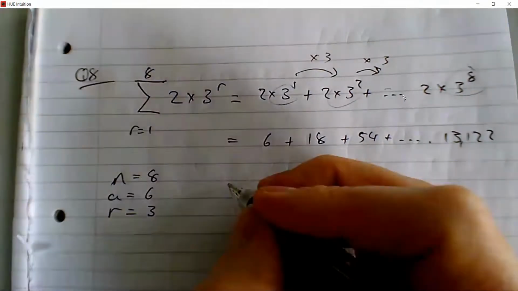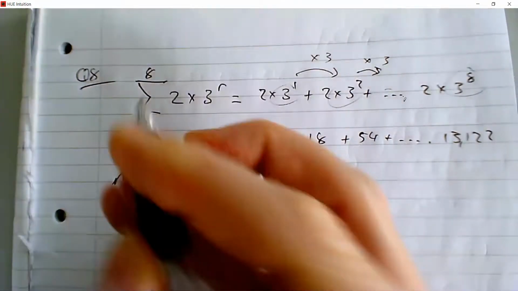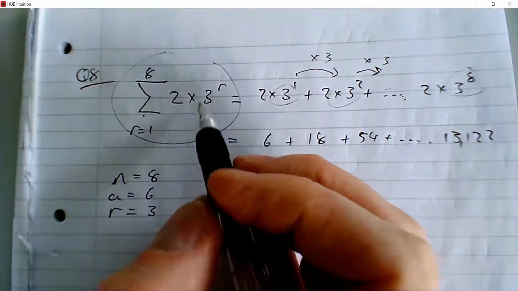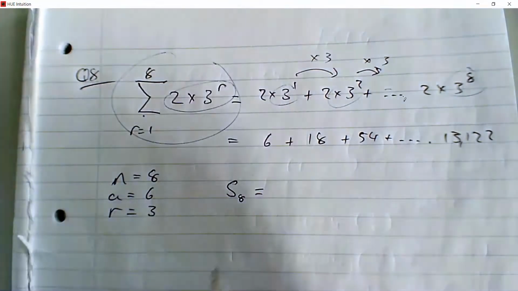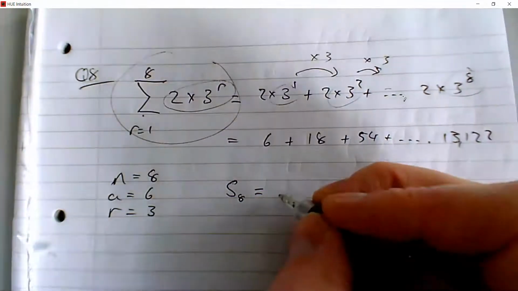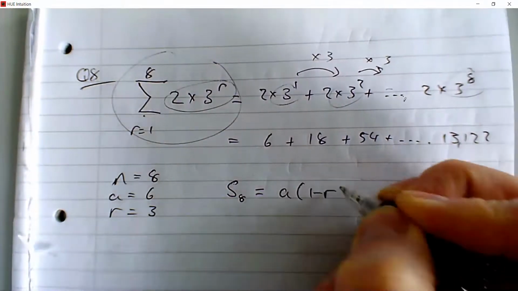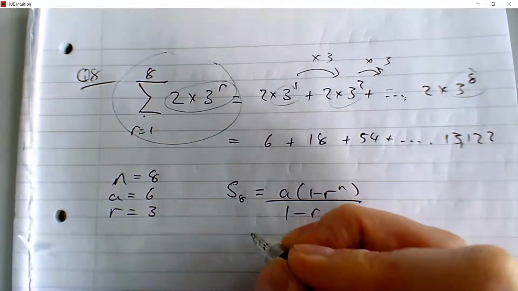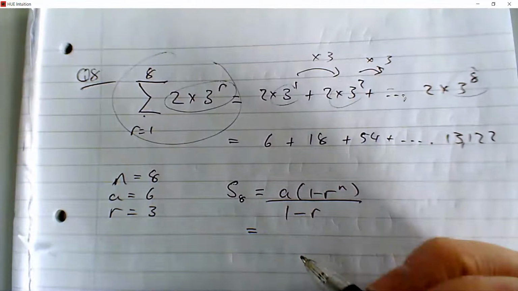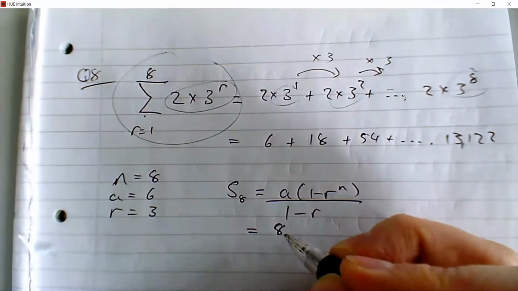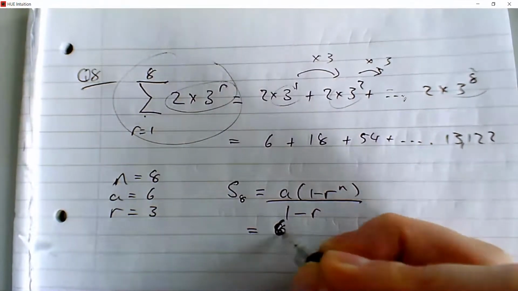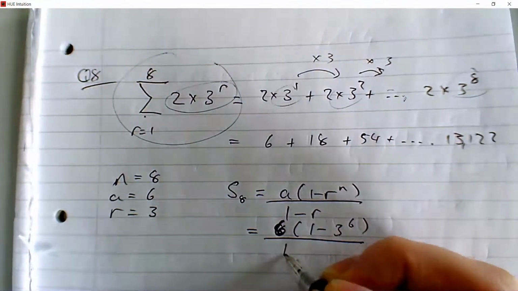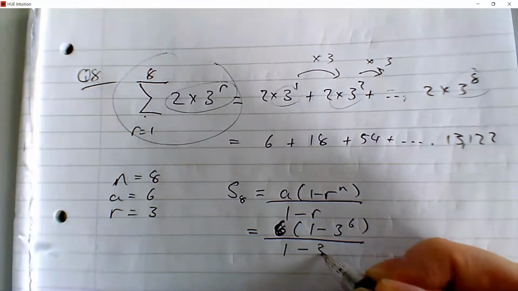So the question is find the sum of those 8 terms. That's what this means, the sum of a list of 8 numbers, all of which have this form. So that's just using our a times 1 minus r to the n divided by 1 minus r, which I just realized I never showed you where that came from. a is 6, times 1 minus 3 to the power of 6, all divided by 1 minus 3.